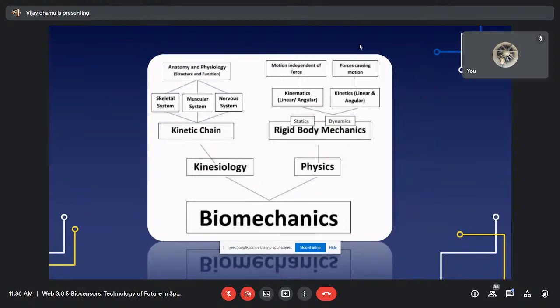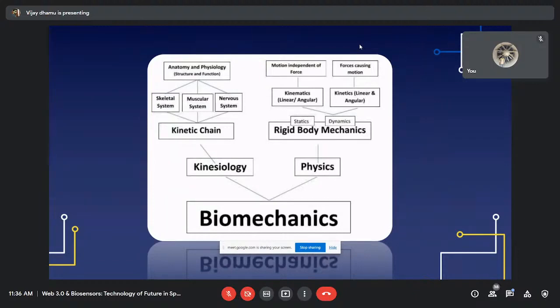The kinetic chain is nothing but a continuous joint network. Our human body is connected with a lot of joints, from the head, shoulder, hip, elbow, arms, wrist joint, knee, ankle. All these joints form a chain called the kinetic chain.